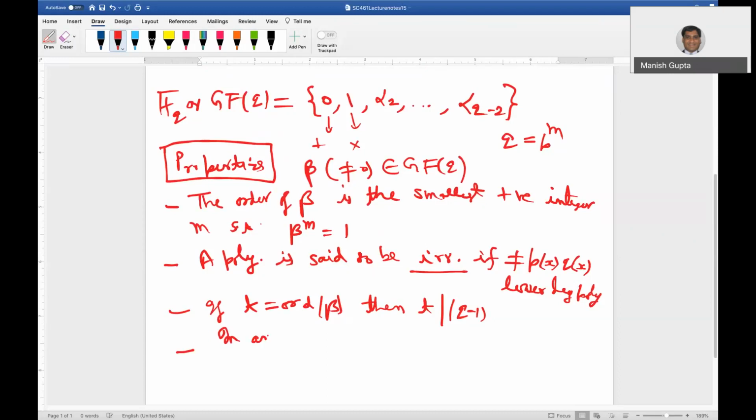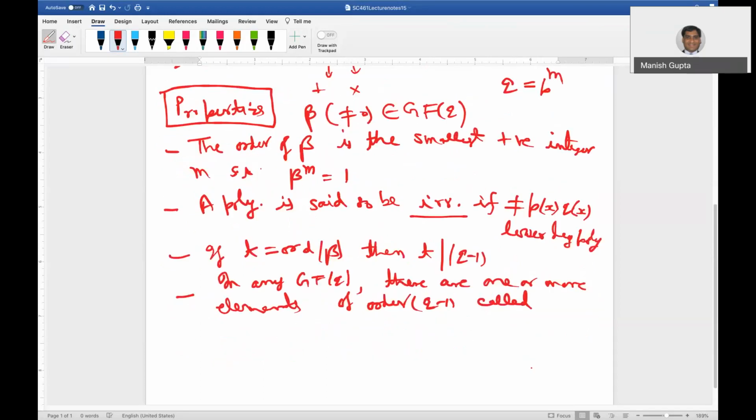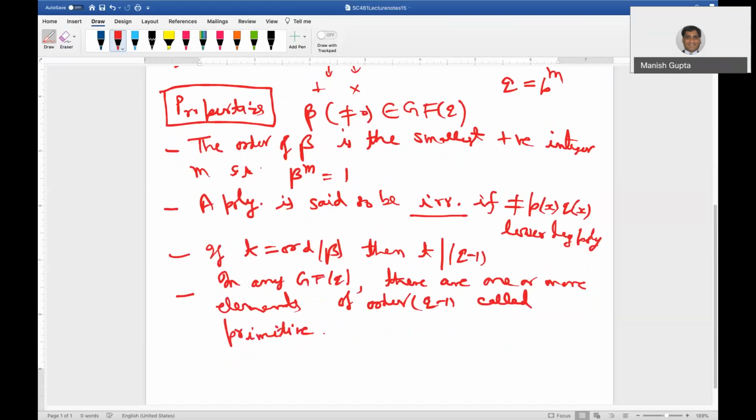In any GF(q), there are one or more elements of order q minus 1, called primitive elements. So elements for which the order is q minus 1 are called primitive elements.